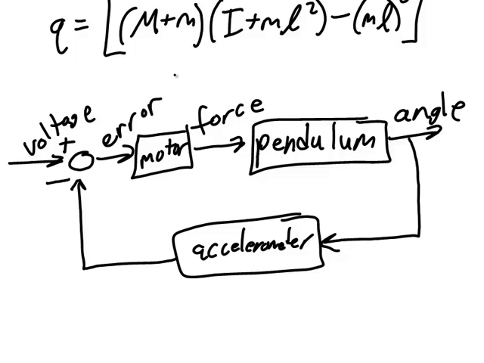I'm going to call this signal error because it's the difference between the voltage from the battery and the voltage coming back through the accelerometer.